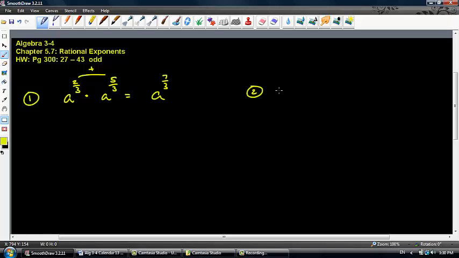Same thing here. If I say number 2, if I have x to the 1/2 times x to the 3/4 times x to the 1/5, well, I know that I have to have x as my base, but my exponents need to have a common denominator. So this actually becomes the hardest part of the problem.